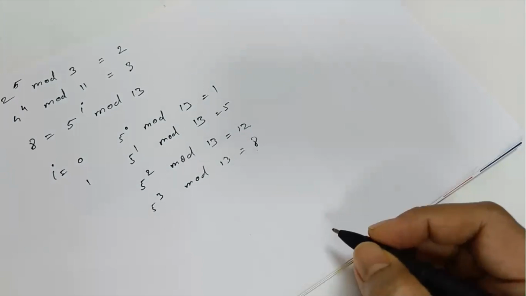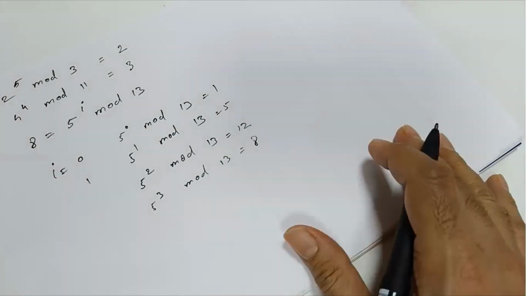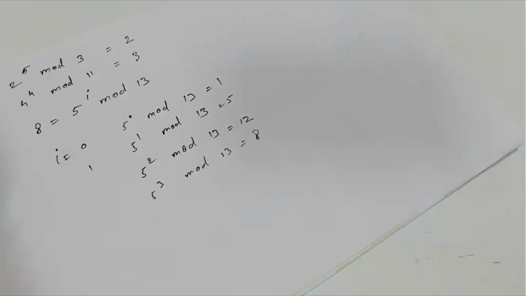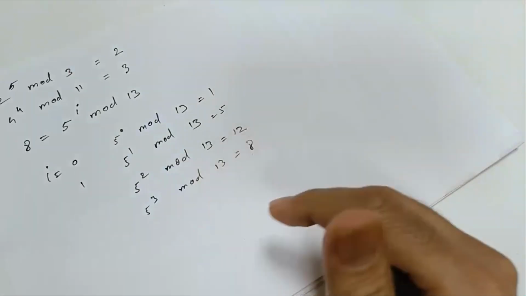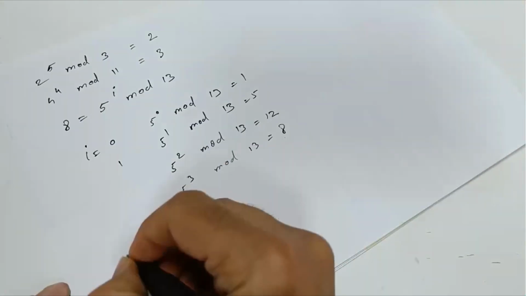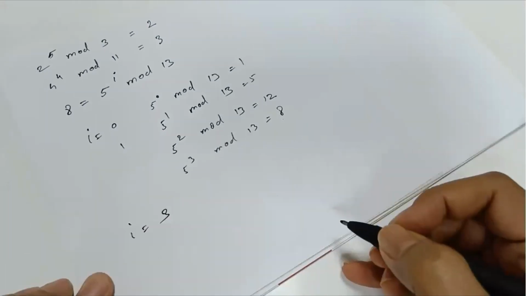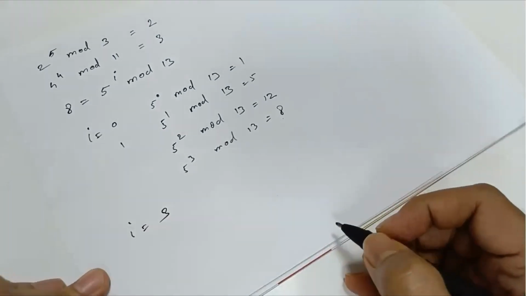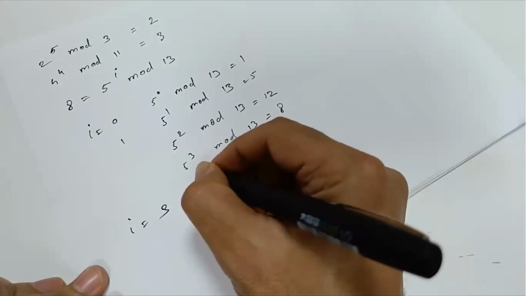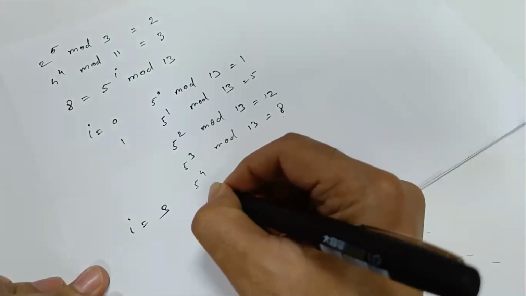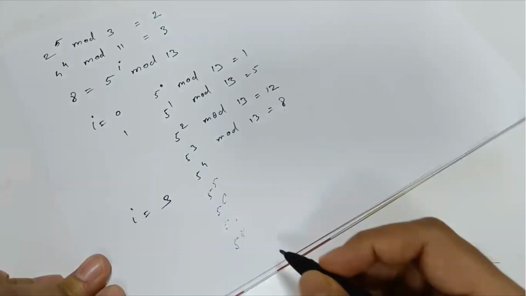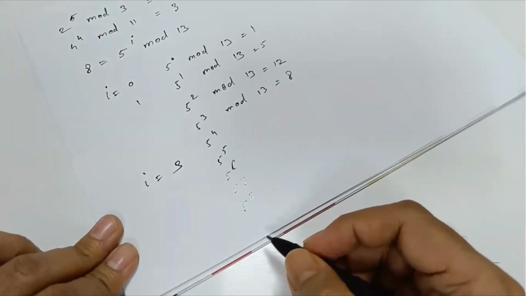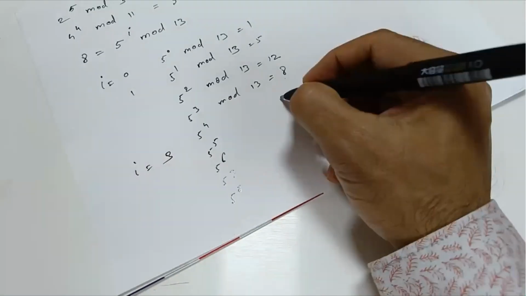Do you have a calculator? Yes, sir. So I hope this is correct. So the I value is 3 here, right? But can someone please go ahead and do the further mod operations and give me the answers?